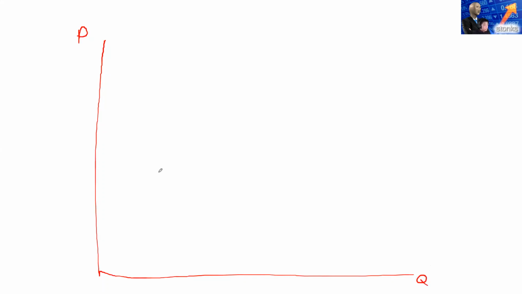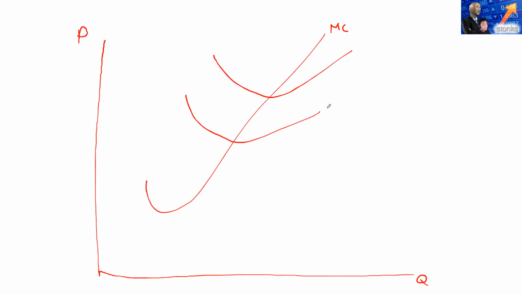So I usually draw the MC first, but it depends on who you are. It doesn't really matter. And we have the ATC minimum, and then we just go straight up. AVC minimum, we go straight up.